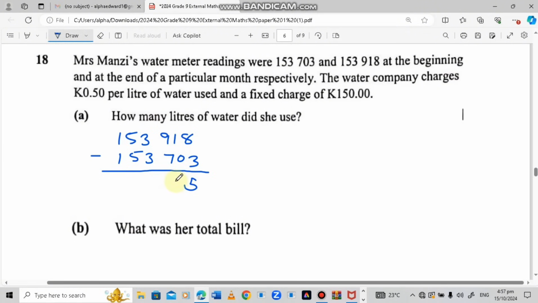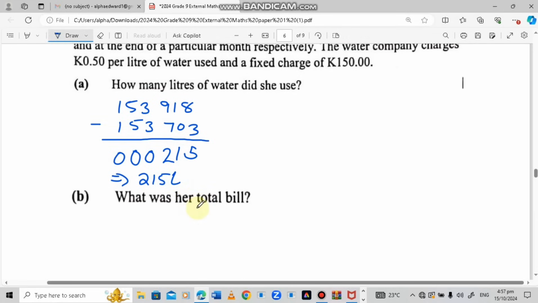Then 1 minus 0 is 1. 9 minus 7 is 2. Then 3 minus 3 is 0. 5 minus 5 is 0. Even this one is 0. So meaning she had 215. She had used 215 liters in that particular month.